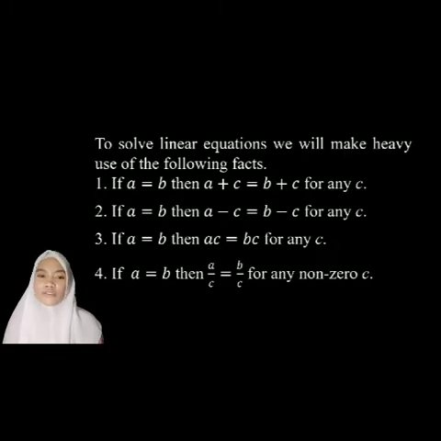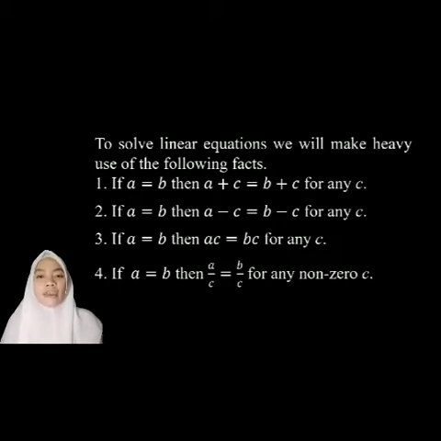As with the last property, we can subtract a number c from both sides of an equation. 3. If a = b, then ac = bc for any c. Like addition and subtraction, we can multiply both sides of an equation by a number c without changing the equation.